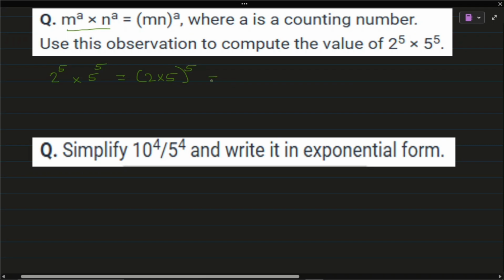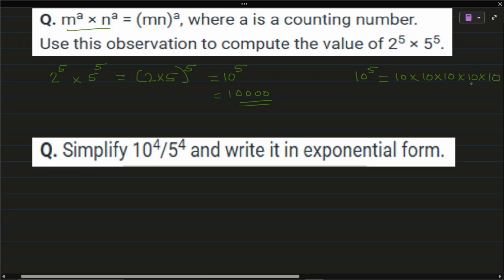That means 2 into 5 is 10, 10 to the power 5, and 10 to the power 5 we can write as 1 with 5 zeros. That will be the answer. Otherwise, for 10 raised to 5 you can multiply and find the answer: 10 into 10 into 10 into 10 into 10.